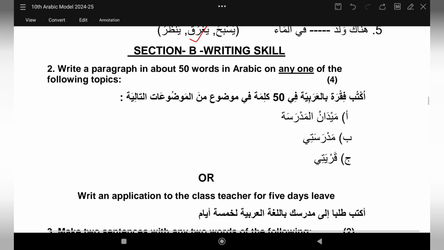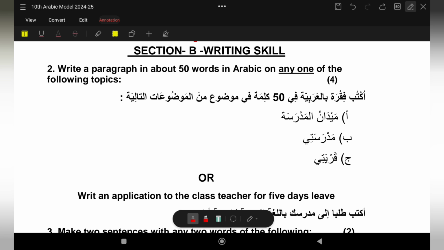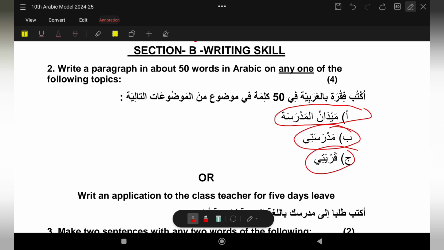Look at the topics given for the paragraph: maidanul madrasa, madrasati, qariyati. These are all common, like madrasati, qariyati, or ailati.